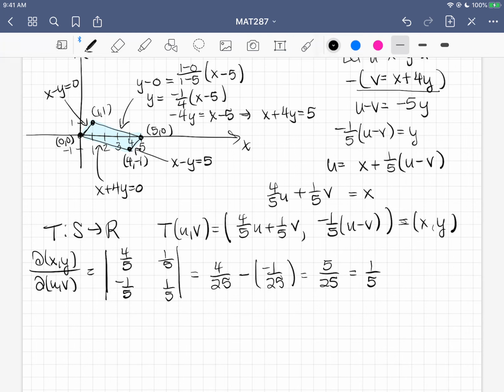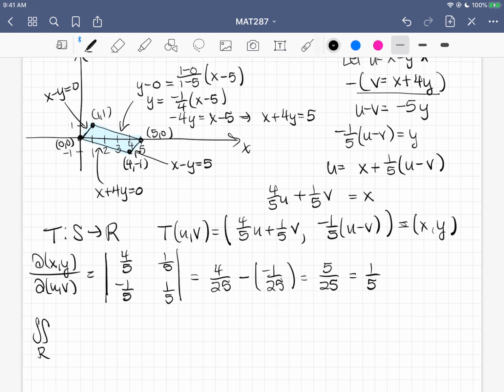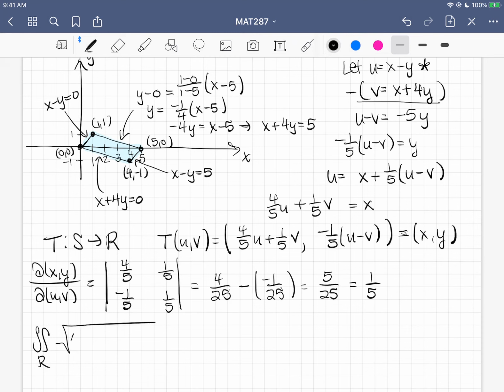All right, so let's try putting it all together. I want the double integral over R of my function, which was the square root of x minus y times x plus 4y, dA, is going to become the integral.